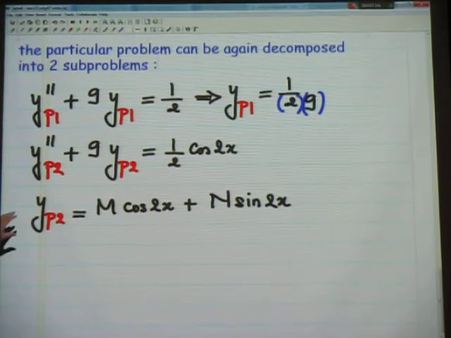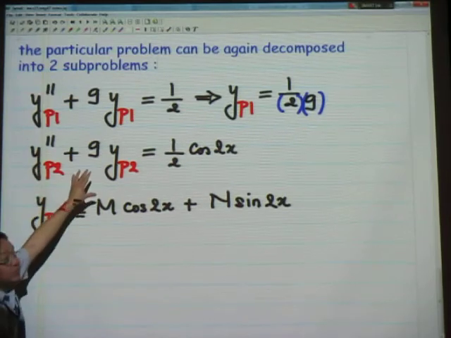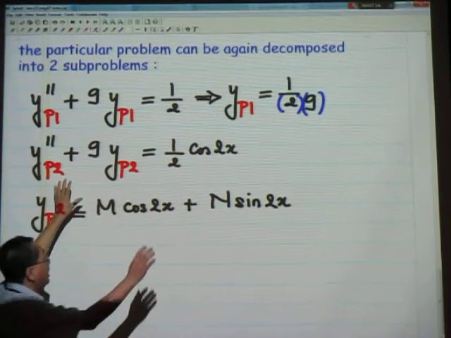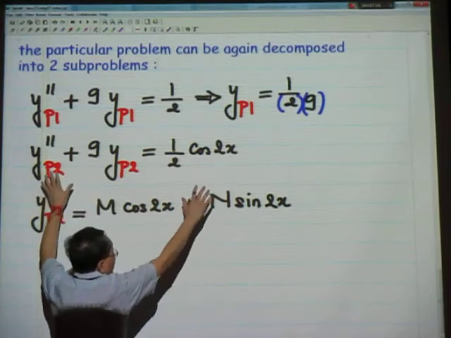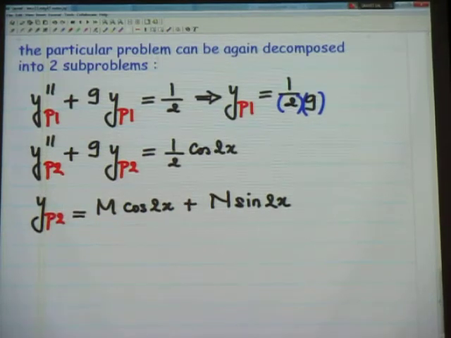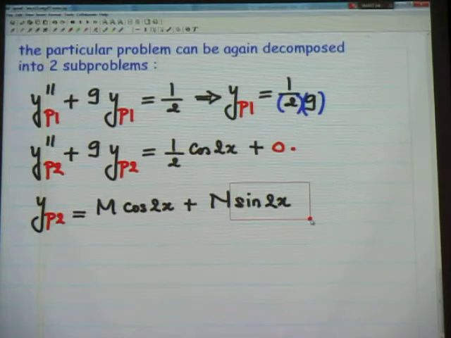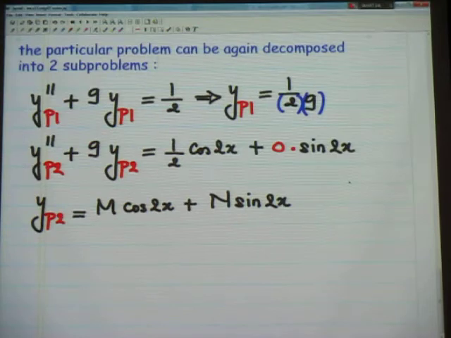So when you differentiate and replace into the left-hand side and identify the coefficients on both sides, remember that on the right-hand side, think of this as follows: plus 0 times sine of 2x. Very similar to the case of polynomials, right?